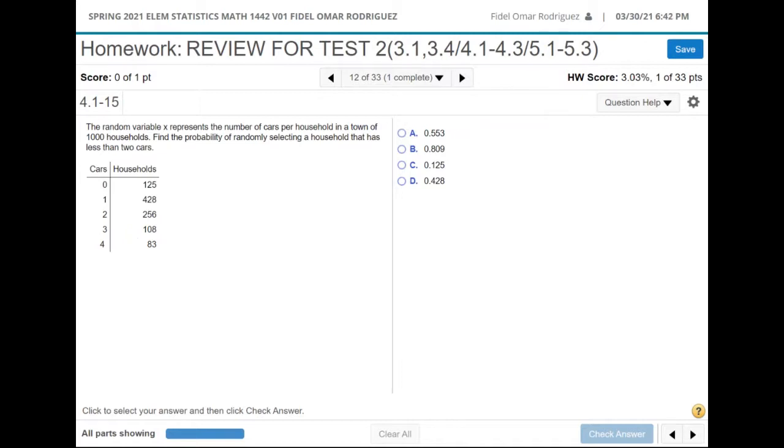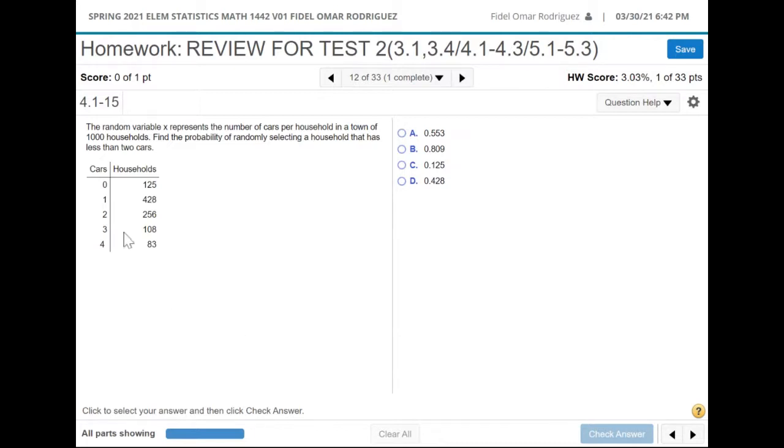So I'm going to write something down on a piece of paper, and I'm going to get a pen because that one is gone. And I have 125 and 428 and 256 and 108 and 83.